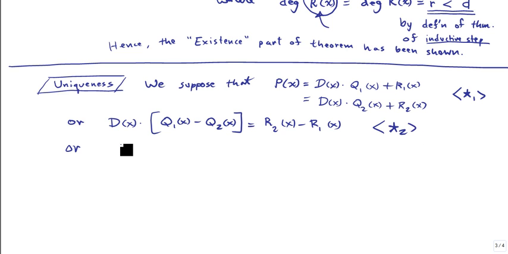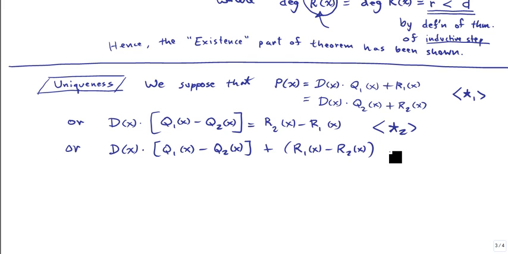Or I could bring all of those back together. I could say that d of x times q1 of x minus q2 of x, if I bring these guys over, plus r1 of x minus r2 of x is equal to 0. Let me call that the star 3 equation.